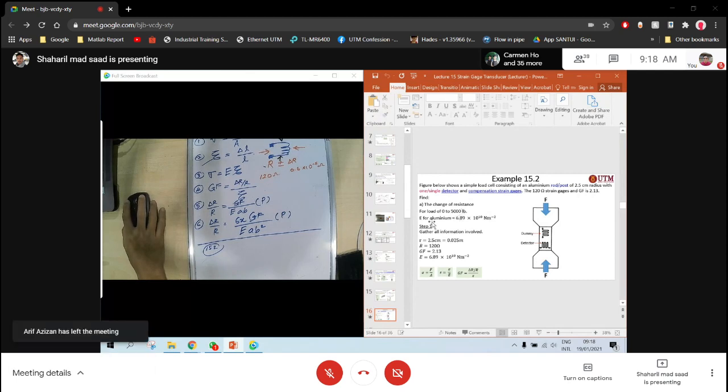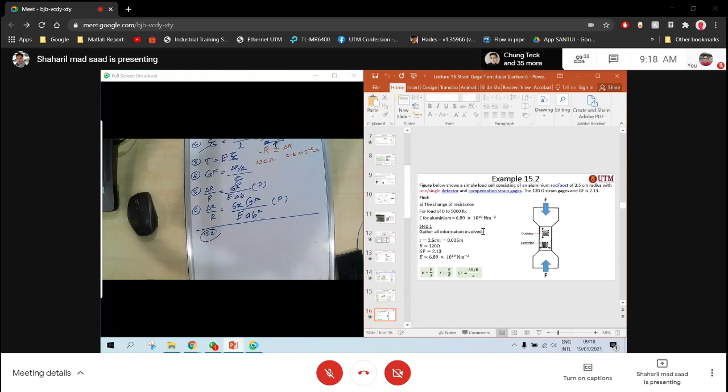The Young's modulus for this rod is 6.89 times 10 power of 10. So what we have here is we gather all the information first. This is your strain gauge. Now your strain gauge has R equal to 120 ohm and your gauge factor equal to 2.13, and then you apply your strain gauge to the rod.